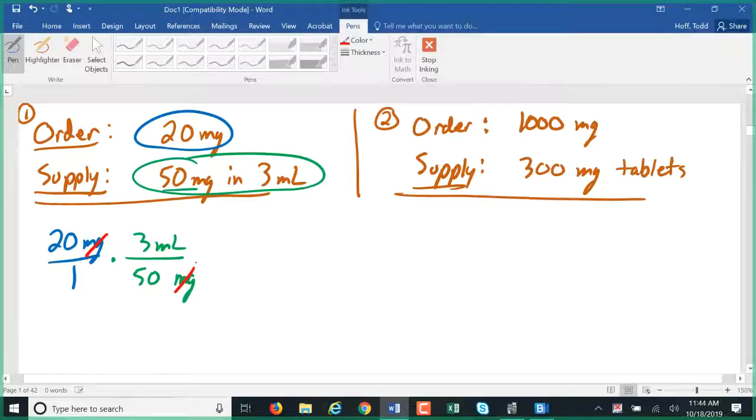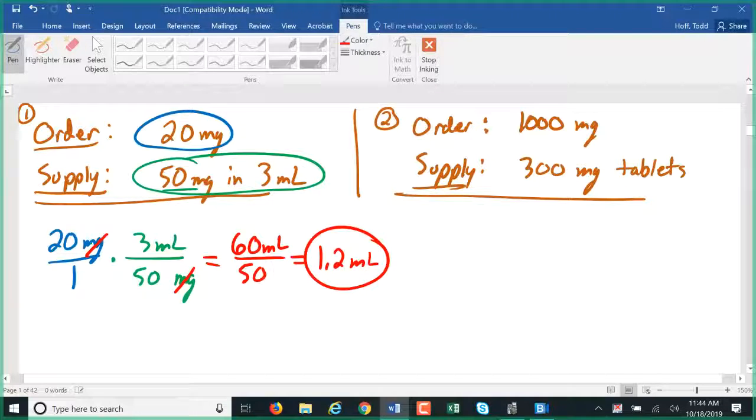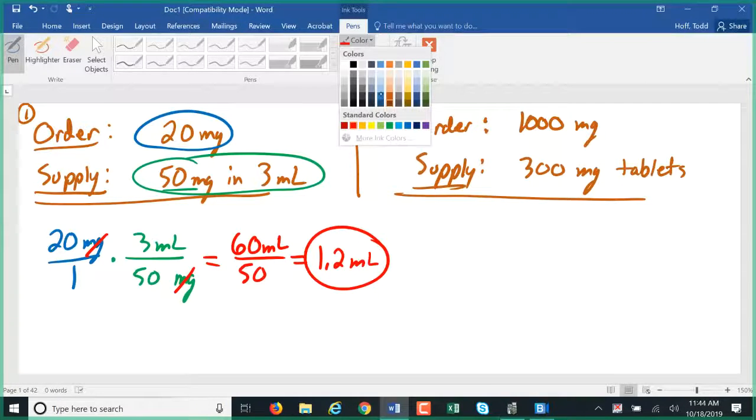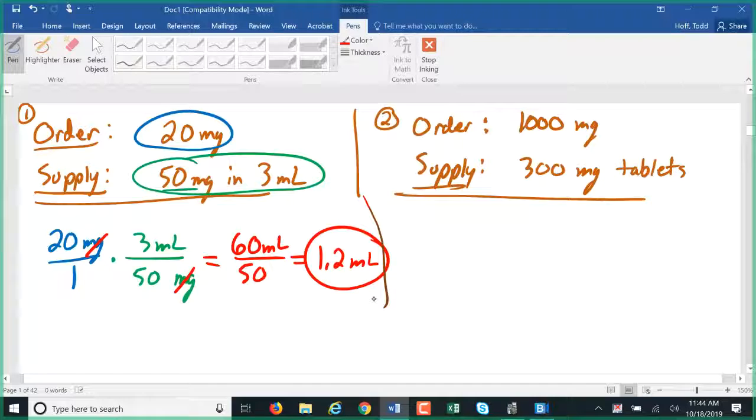Milligrams cancel out. 20 times 3 milliliters is 60 milliliters. On bottom, 1 times 50 is 50. 60 milliliters divided by 50 is 1.2 milliliters. You'd administer 1.2 milliliters of medication to our patient. Any questions on that one?